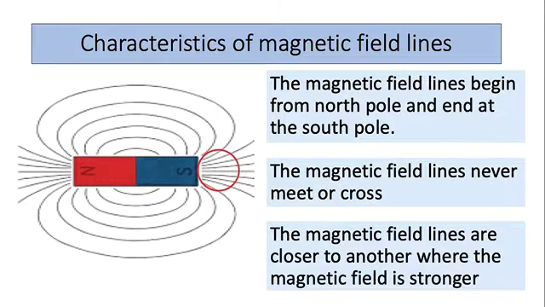Jadi kawasan yang lebih kuat adalah kawasan yang berada pada hujung kedua-dua kutub, because the magnetic field lines here, garisan medan magnet di sini adalah lebih rapat compared to other places. So the closer the magnetic field lines, the stronger the magnetic force is.